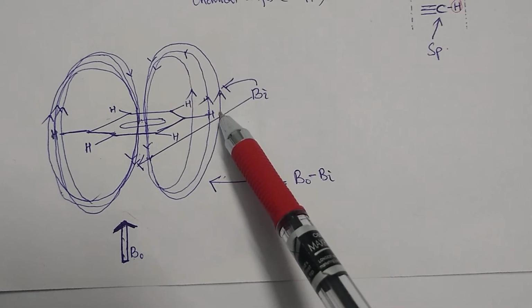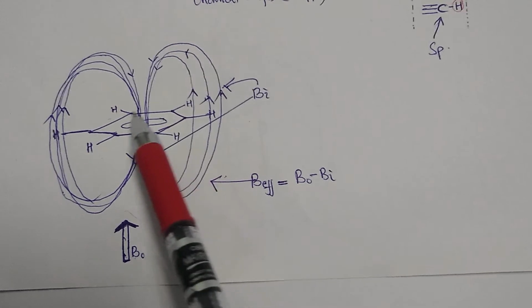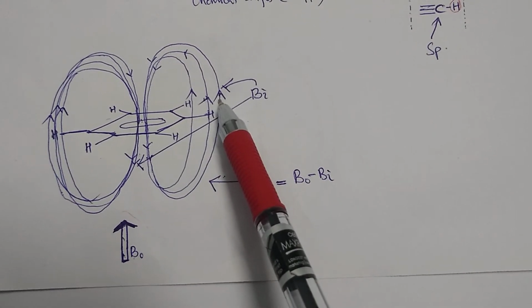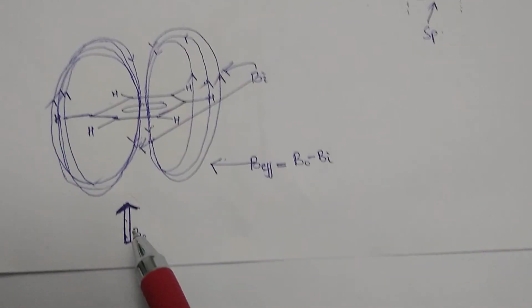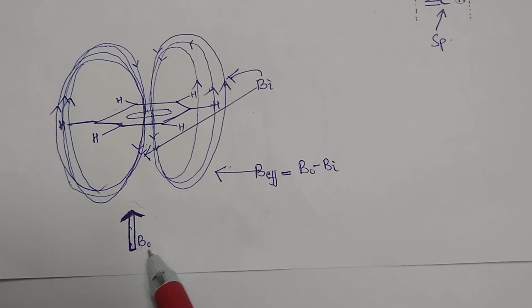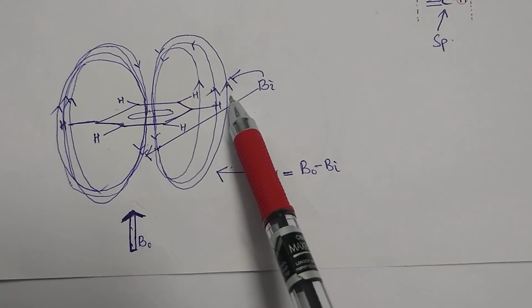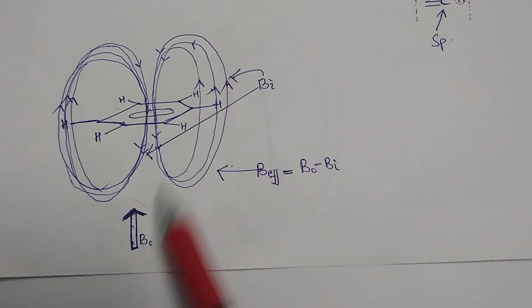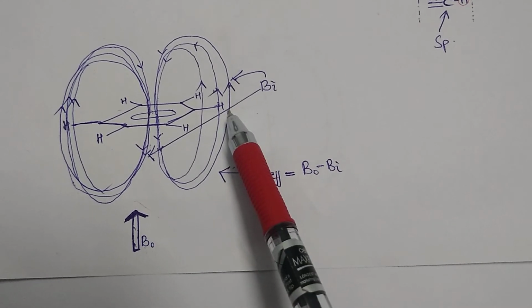when we reach the outer region of this benzene ring where the proton lies, the magnetic field is in the same direction as the externally applied magnetic field. So here the magnetic field is aligning in the direction of the applied magnetic field, and these two will overlap.